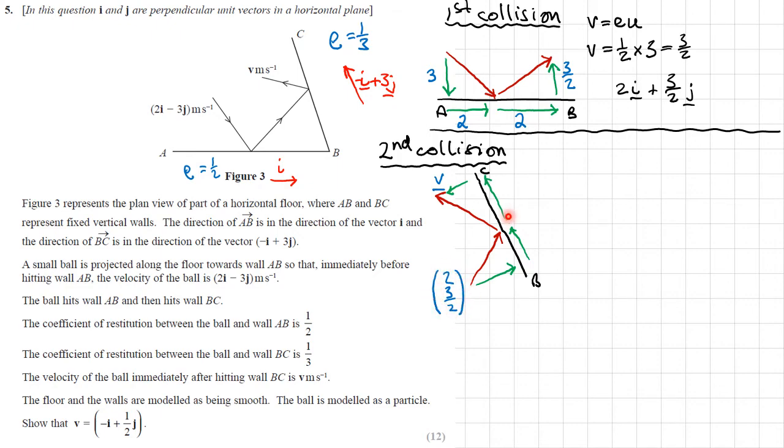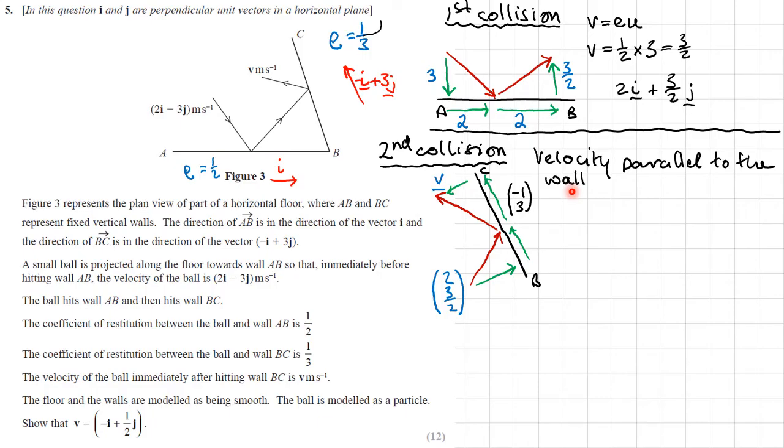So we know the direction of the wall. Again, I'll put this as a column vector, so we know that's negative i plus 3j, so I'll just write that as negative 1, 3.